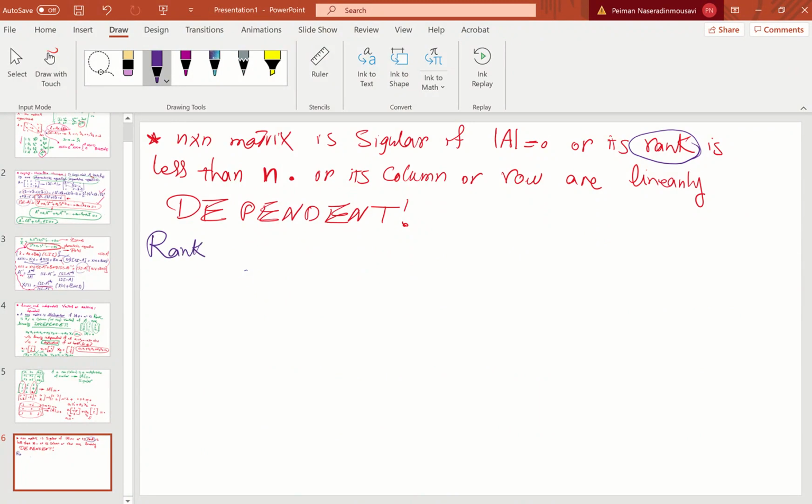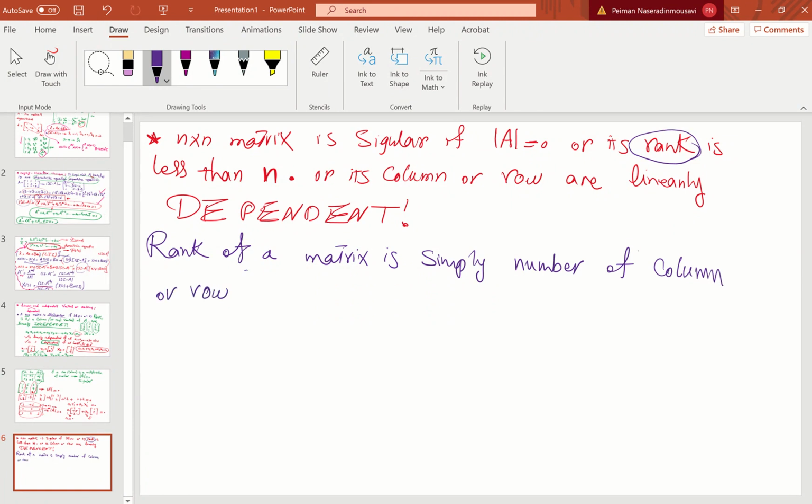Rank of a matrix is simply the number of linearly independent columns or rows of that matrix. Okay, this is very important, guys.